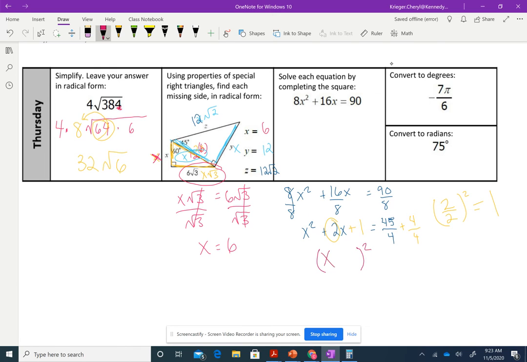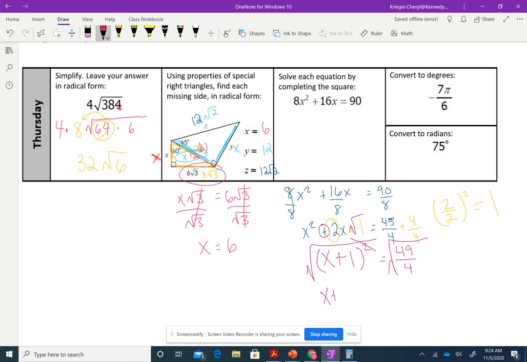So I have x, and the square root of 1 is 1. This is my sign in the middle. It's x plus 1 squared equals 49 over 4. At this point we take the square root of both sides to solve for x.